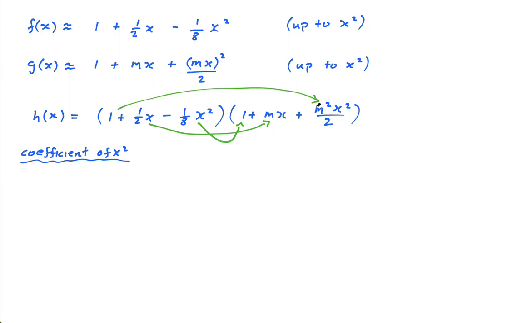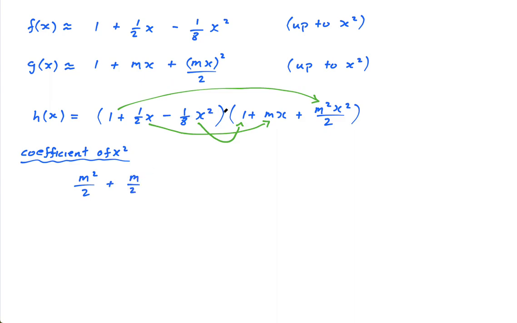So first I'll do 1 times this. Now I'm going to leave out the x squared because I'm just looking for the coefficient of x squared. So 1 times m squared over 2 is m squared over 2. A half x times mx, or a half times m, is just a half m, or m over 2.